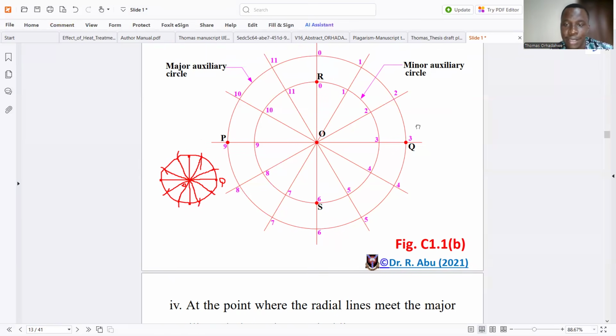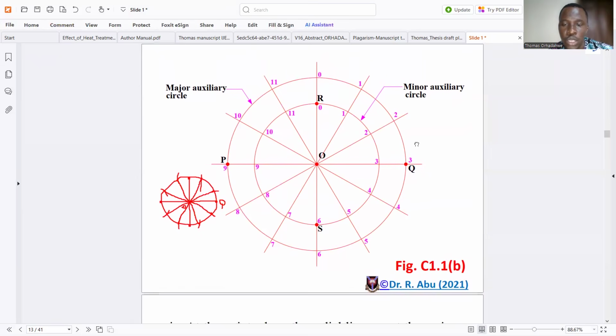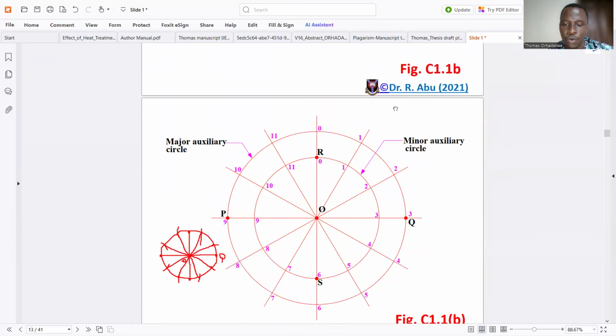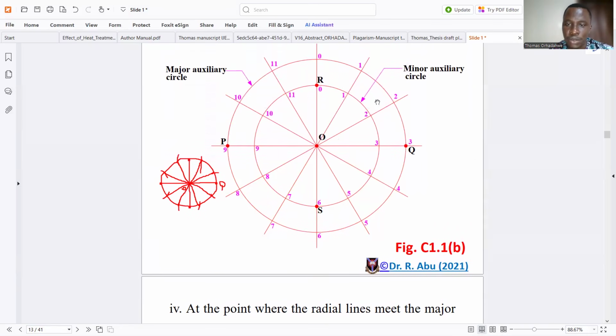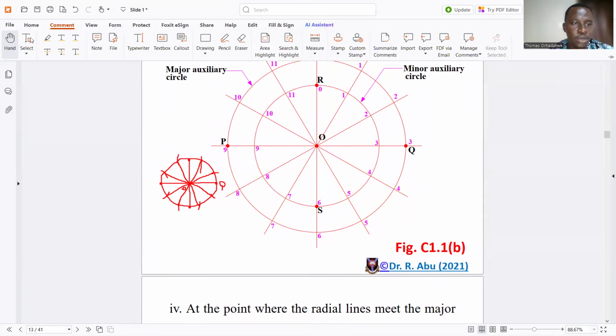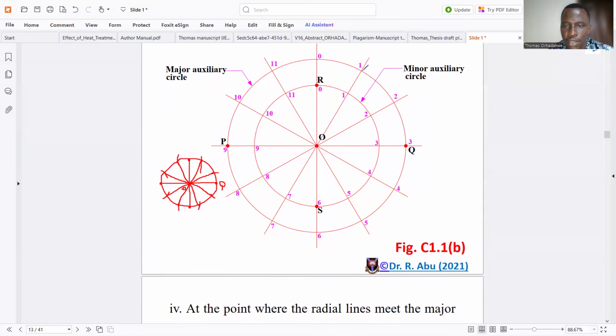Okay, so after dividing the circle into 12 equal parts, what we do next is, at the point where the radial lines meet the major auxiliary circle, project vertical lines. So at this point, where the major line meets there, project down a vertical line.